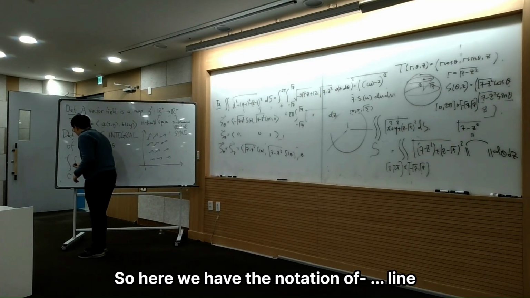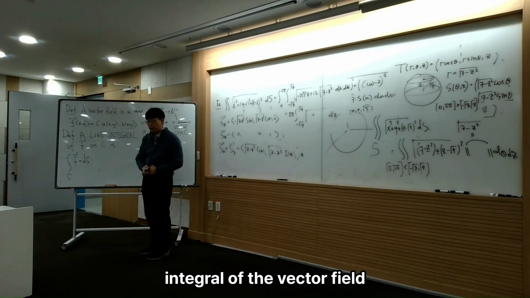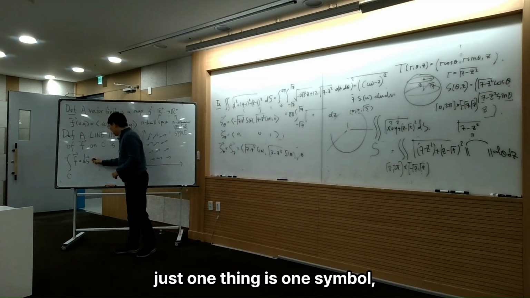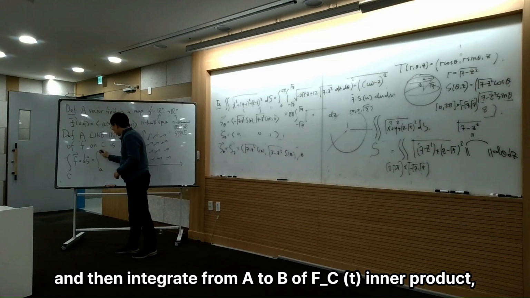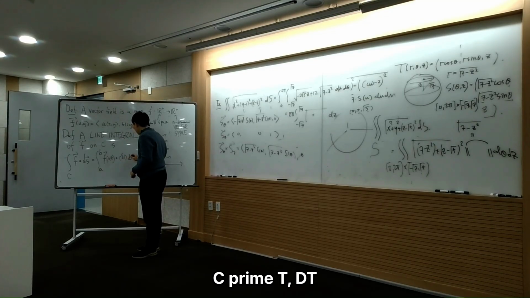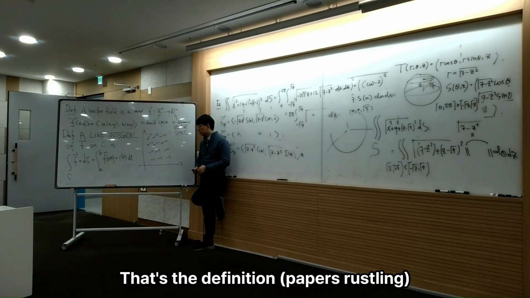So here we have the notation of line integral of the vector field. So this whole thing, just one thing, is one symbol. And then integrate from a to b of f(c(t)) inner product c'(t) dt. That's a definition.